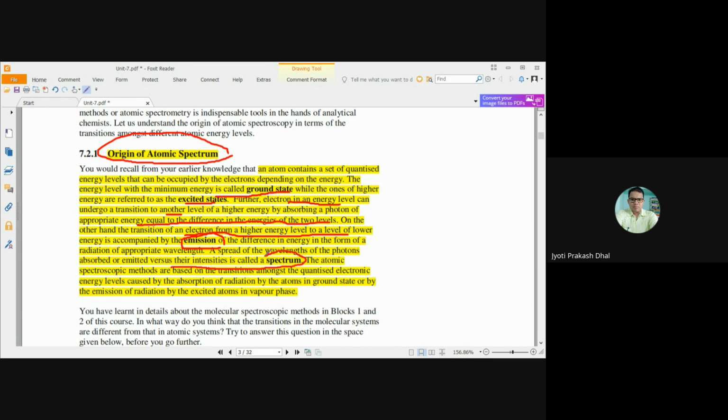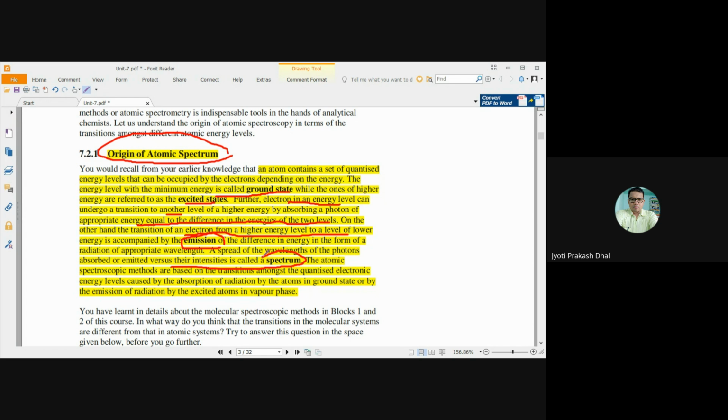is called a spectrum. That means the electrons present in an atom are in various quantized energy levels. The energy level with minimum energy is called the ground state, while the higher energy levels are referred to as excited states.